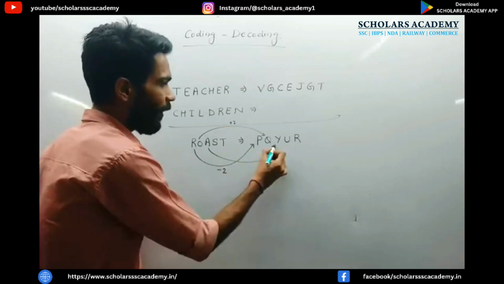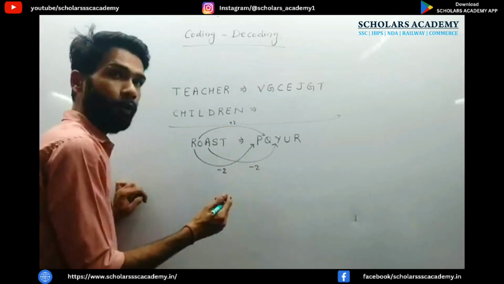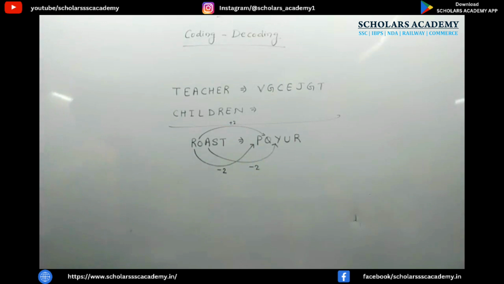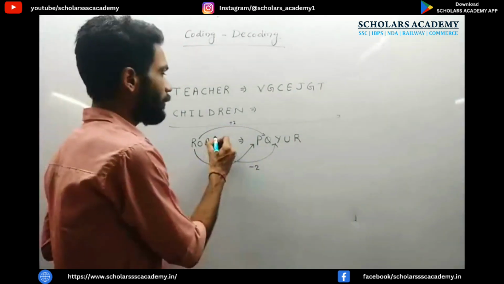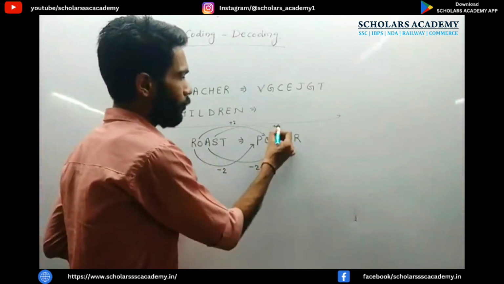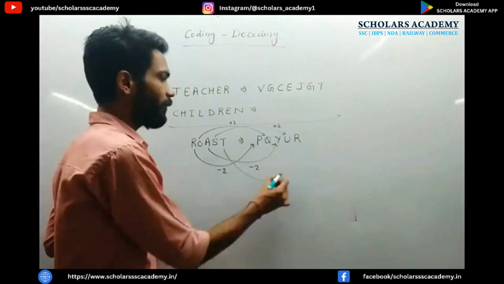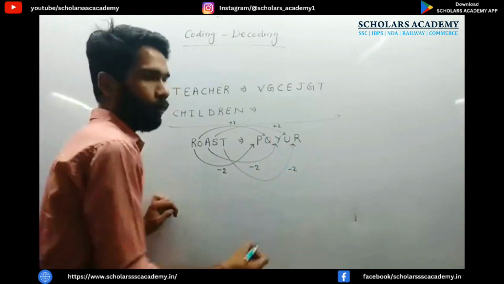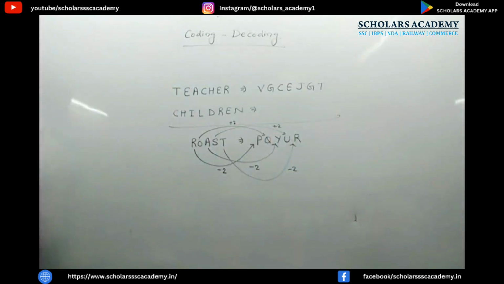Then A becomes Y by subtracting 2. Just before A there is Z, and before that there is Y. S becomes U by adding 2. STU, and T becomes R by subtracting 2. So what you have to remember is for the first letter you have to minus 2, then plus 2, and so on.